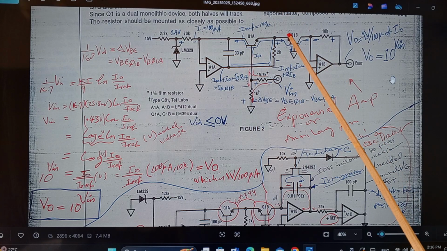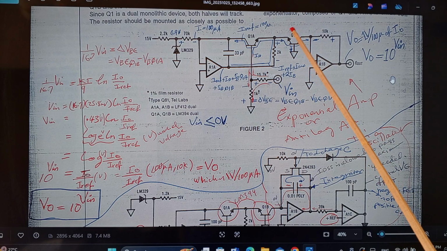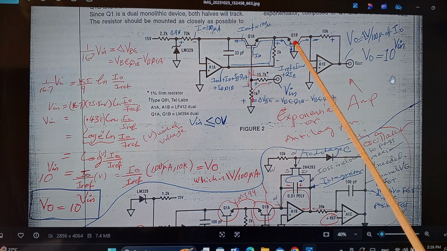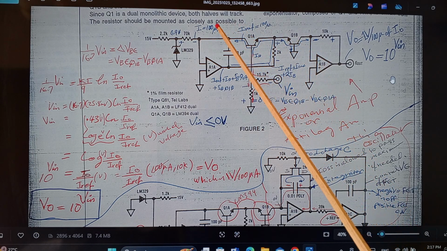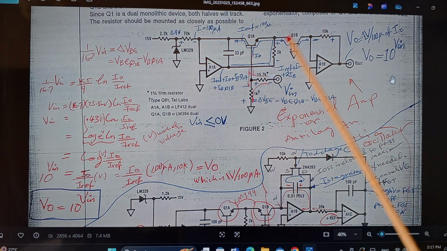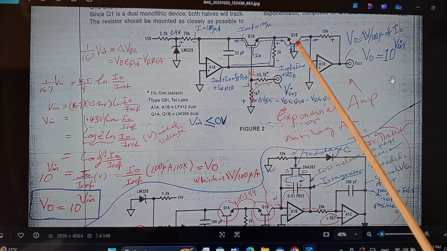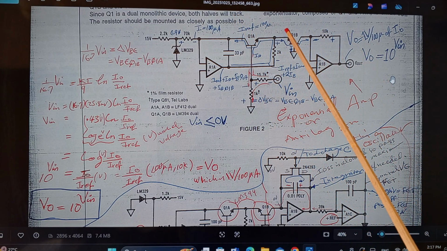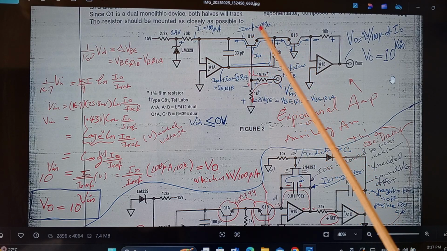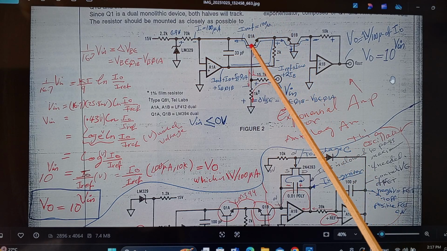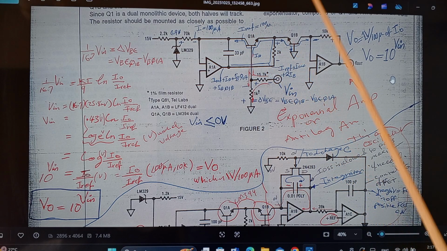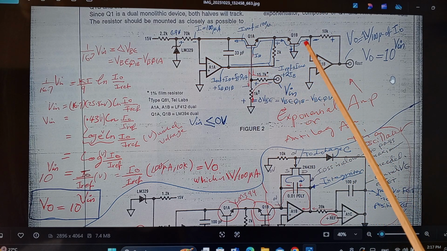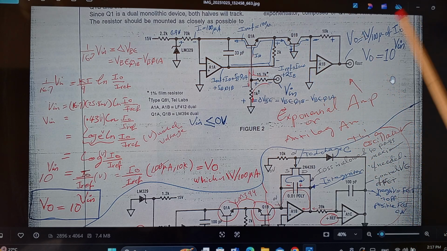That, in turn, will force the VBE of this transistor to have the current of the 100 microamps plus whatever the 60 millivolts applied to it. Those both cancel when you have 100 microamps in here and 100 microamps in here. You're left with your 60 millivolts across that transistor.